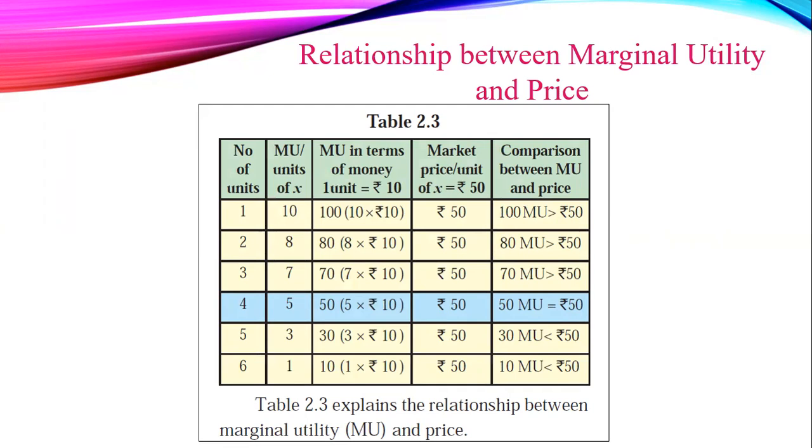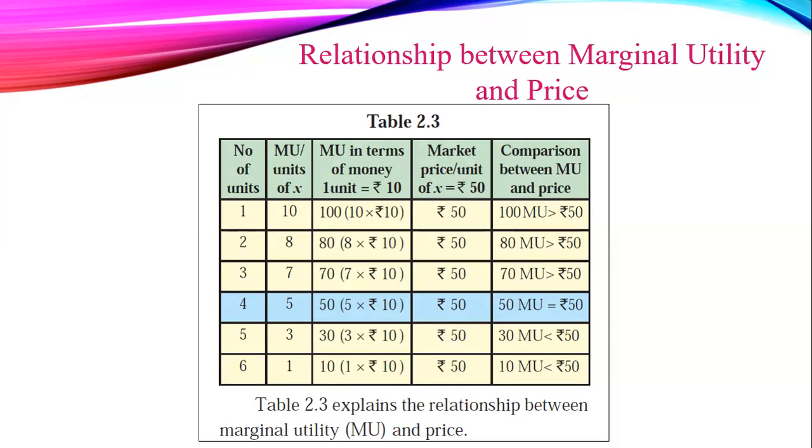The second column is about MU per unit of X. The third column is about MU in terms of money, meaning 1 unit is equal to rupees 10. The fourth column is about market price per unit of X, which is equal to rupees 50. And the last column is about comparison between MU and price.